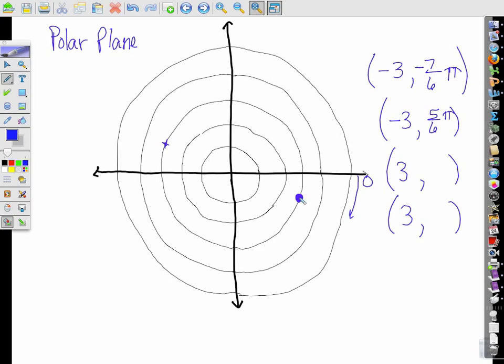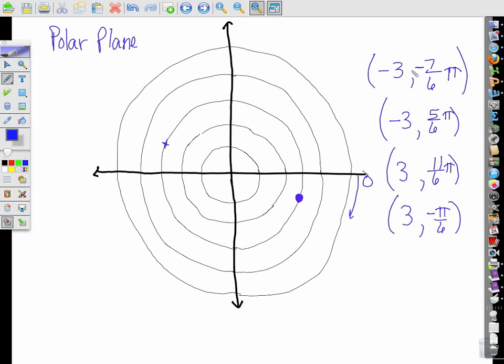Now what I need to do is name both angles in quadrant 4, and that would be considered the measures that go with the 3 and the 3. So this angle would be going all the way around 11/6 pi, and then back as a negative angle, negative 1/6 pi.